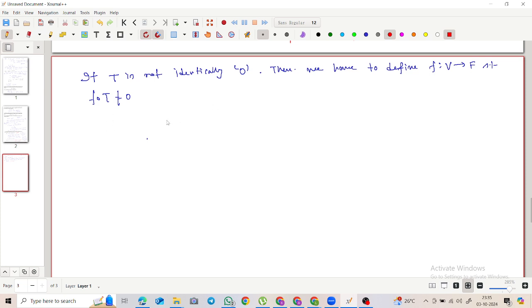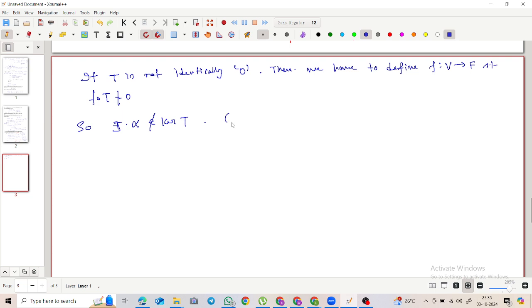Okay, so I think we can do this. So there exists alpha outside of the kernel of T, because T is not identically 0, right?